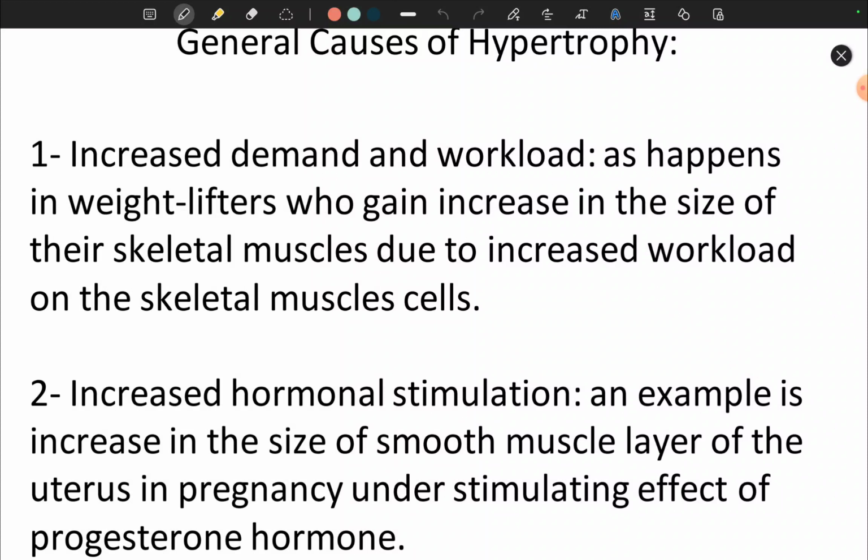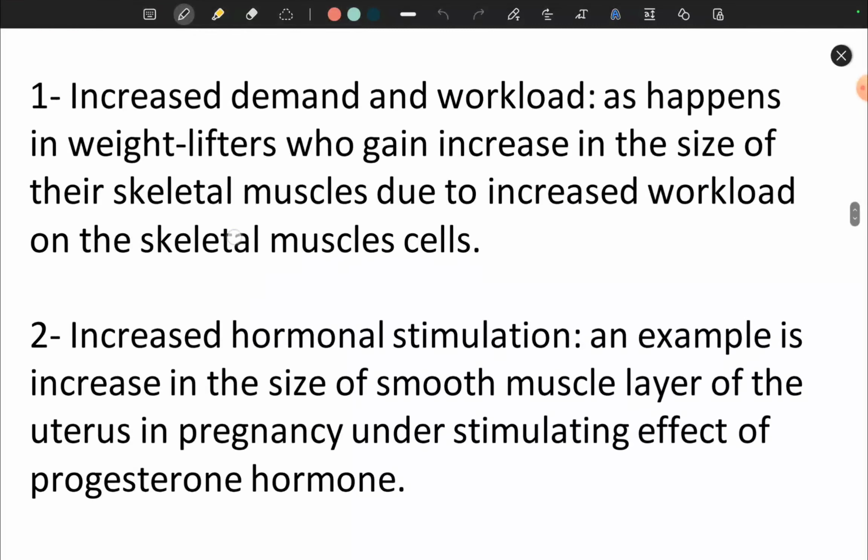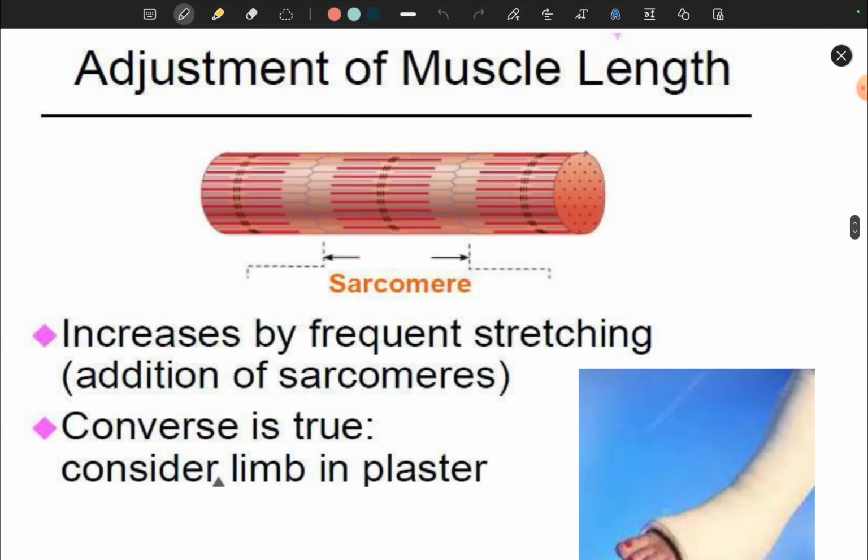Adjustment of the muscle length also is a type of adaptation. The muscle also can change its length according to the requirement. If there is stretching, continuous stretching for a long period of time, the muscle will elongate. Let's say a patient has a fracture or is crippled, and then they correct this deformity of the limb.